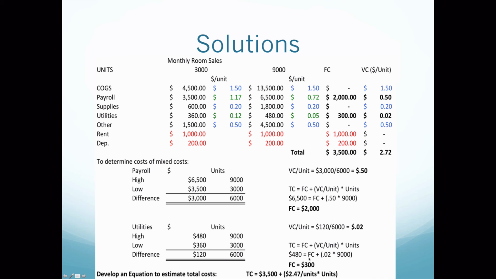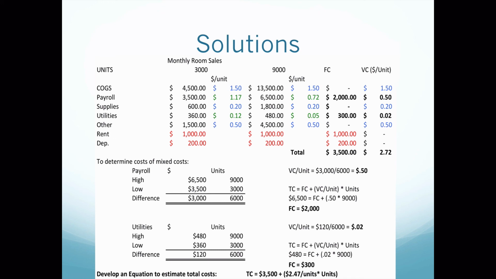We subtract that, actually it's 180, isn't it? Let's do the math real quick. It's 180, I apologize. And I should have been able to do that in my head. And we subtract 180 from 480 and we get $300.